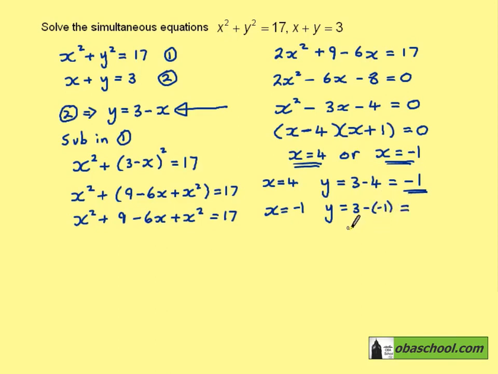This becomes 3 plus 1, which is 4. So we have two solutions. We have x is 4 and y is minus 1, or we have x is minus 1 and y is 4.